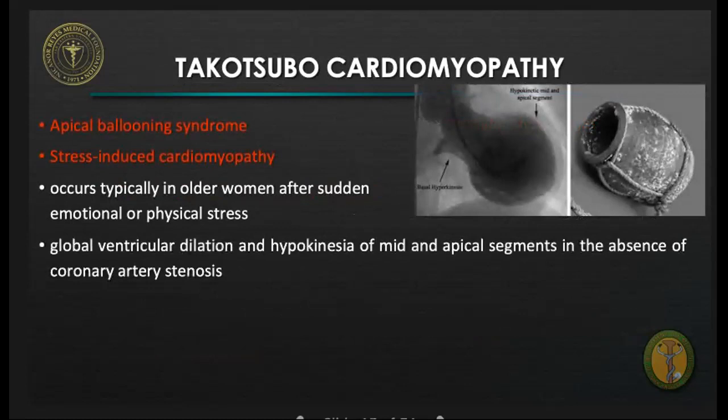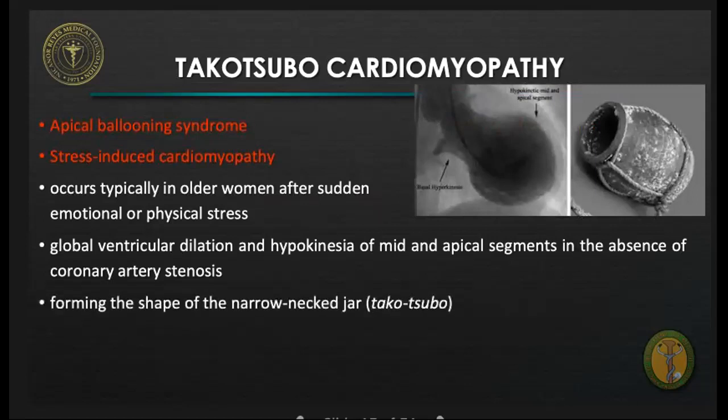There is global ventricular dilatation and hypokinesia of the mid to apical segments of the left ventricle in the absence of coronary artery stenosis, so the basal segment is spared. This forms the shape of a narrow-necked jar as seen in the picture, which is known as Takotsubo in Japan.